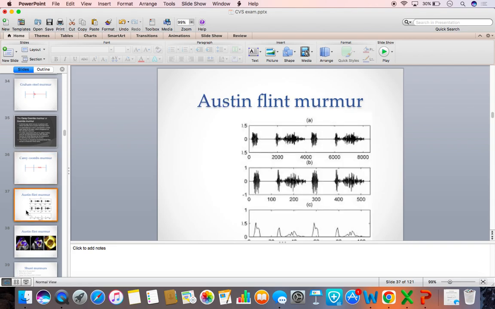The other diastolic murmur is the Austin Flint murmur. This is a mid-diastolic murmur in patients with severe aortic regurgitation. The aortic regurgitated jet of blood impinges on the mitral valve leaflets, thereby causing narrowing of the mitral valve, resulting in a mid-diastolic murmur.